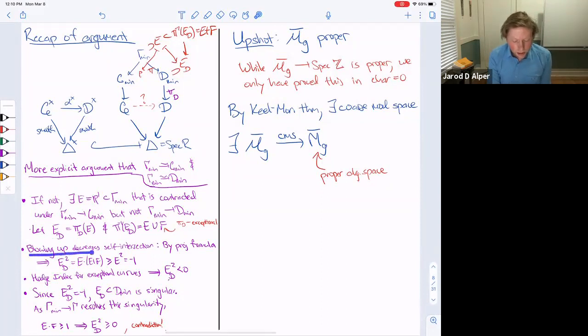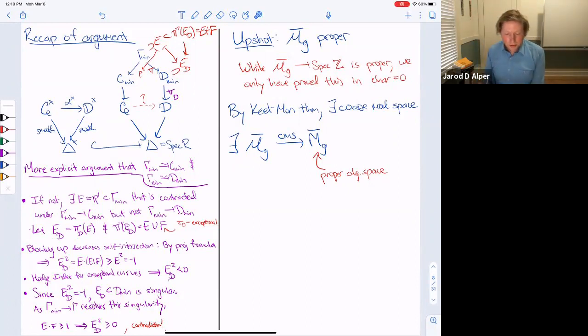On one hand, we know how blowing up affects the self-intersection, that the self-intersection of ED squared is greater than or equal to -1. But on the other hand, since it's an exceptional curve, by the Hodge index theorem, it's negative. So this already tells you that it better be -1.